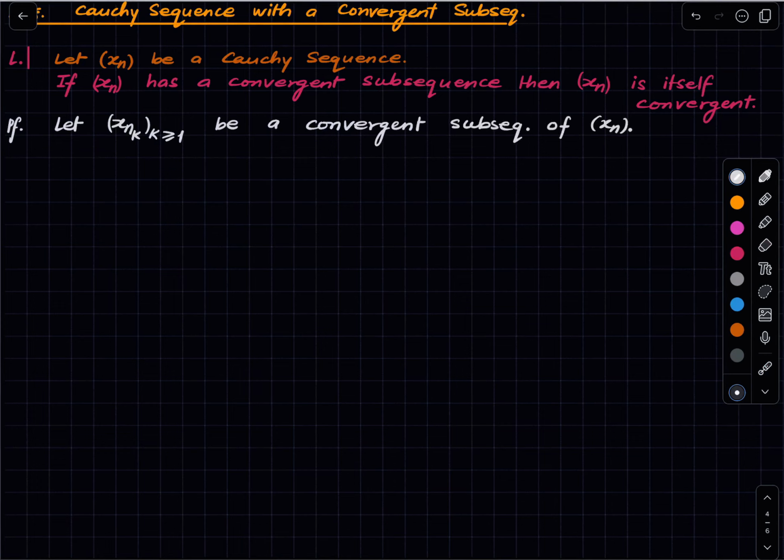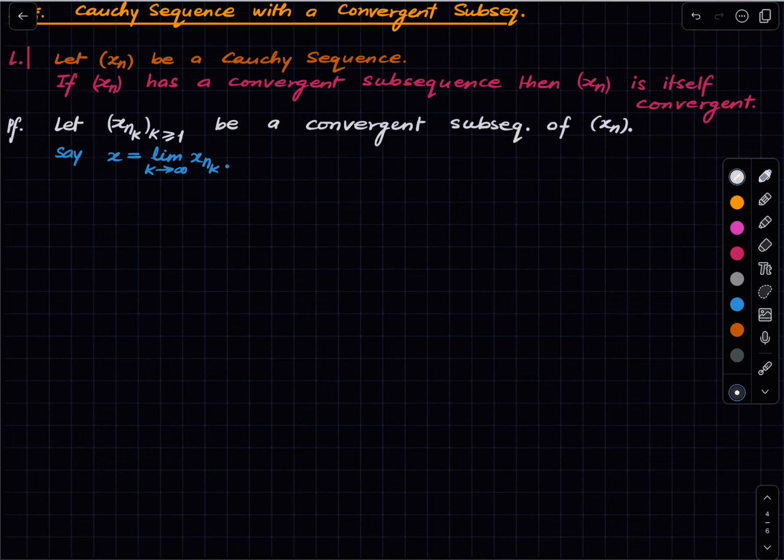We fix a convergent subsequence and say x is the limit of this subsequence. We will, of course, conclude that the Cauchy sequence itself converges to x.